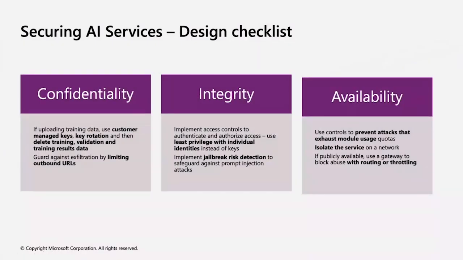That will prevent DoS attacks, and routing and throttling attacks. So these are considerations that we can keep in mind for securing AI services. These are not the complete list. There would be more recommendations, so for more ideas, you can check Microsoft documentation for securing AI services.